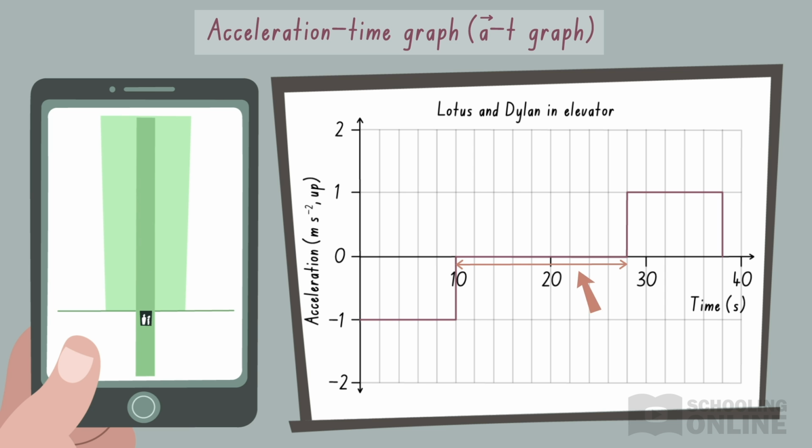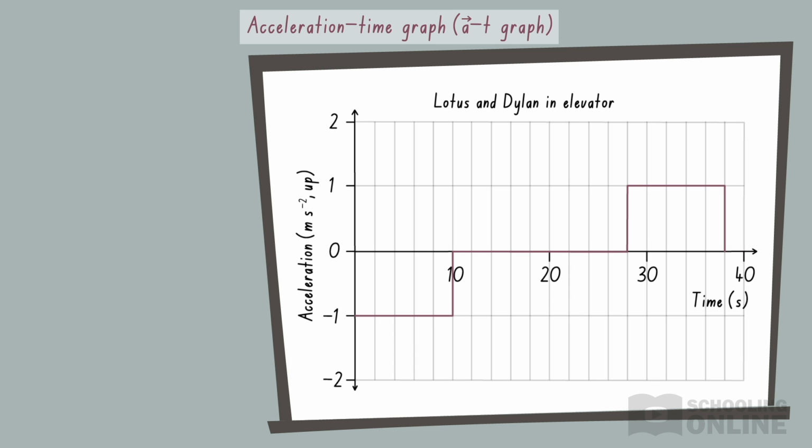It travels down the building with a constant speed of 10 metres per second between 10 and 28 seconds. From 28 to 38 seconds, the acceleration is positive because the lift transitions from moving down to stationary. They arrive at the 12th basement floor after a total of 38 seconds.